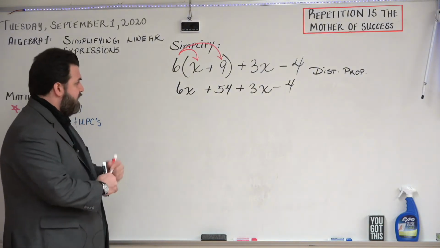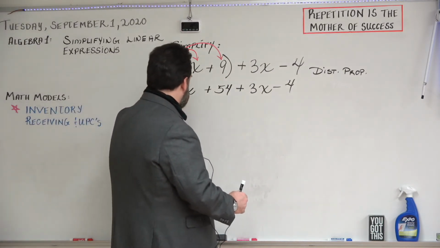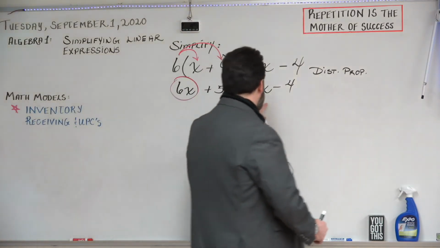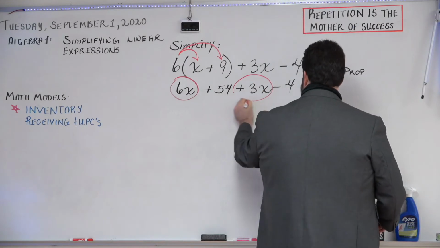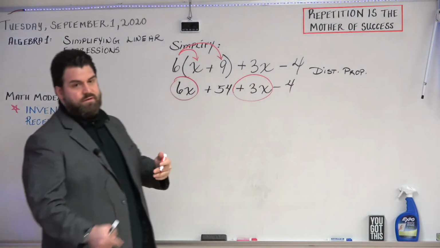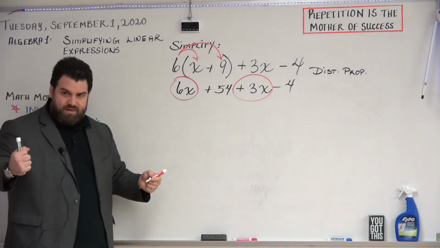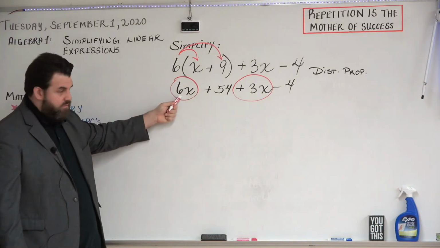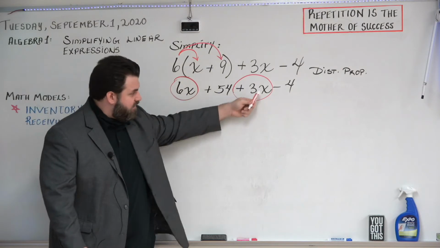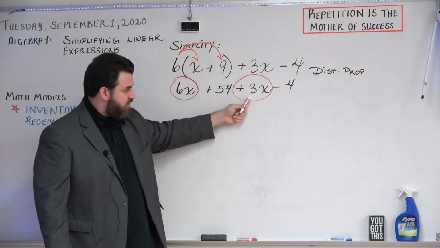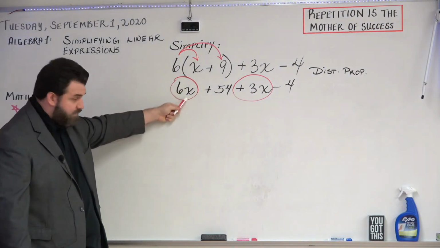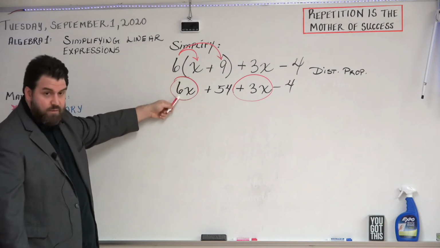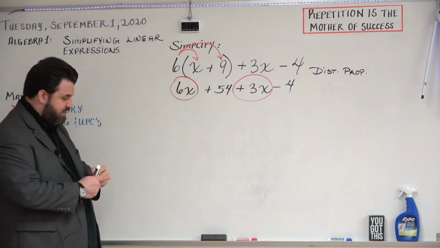The 6x and the 3x with its sign are like one another. They're both examples of a variable with leading coefficient. Can you say that out loud with me? Variable with leading coefficient. Okay, singular.